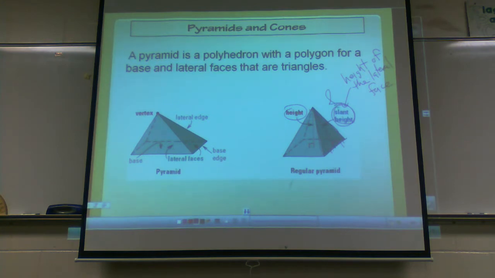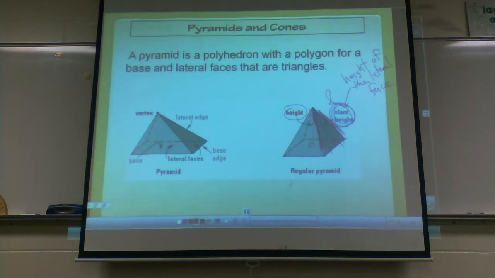And because of this thing right here, this is really the only time people mess up: figuring out that measurement. You're going to have to do the Pythagorean theorem maybe once or twice in order to find it. Also, guys, don't get this measurement right here mixed up with these two sides. These two sides are the edges, not the slant height.